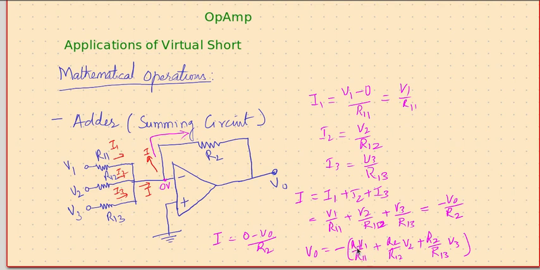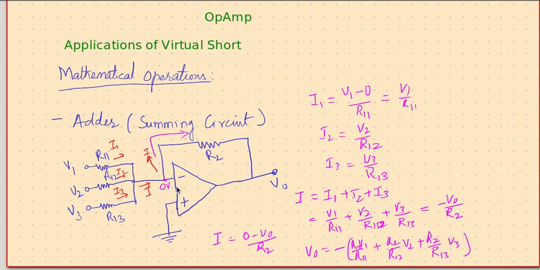But if R11, R12, R13 are different, then each of the inputs is scaled differently, and then they get added to form the output voltage. So we get two operations done here. One is the scaling, and the second one is summing. So that's the simplest way of doing two actions together, scaling as well as summing.